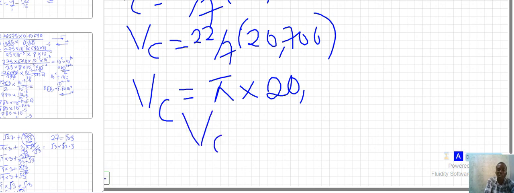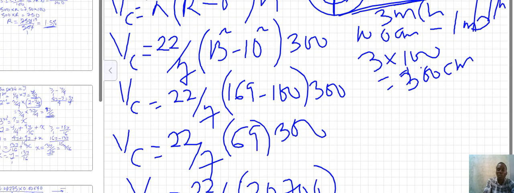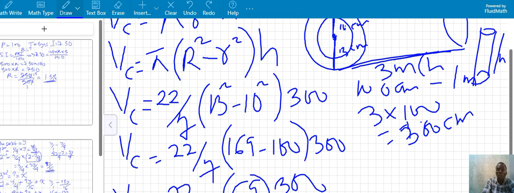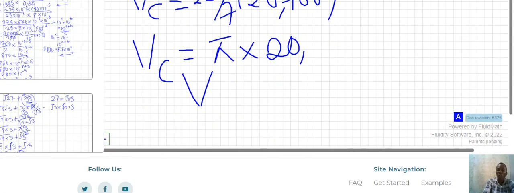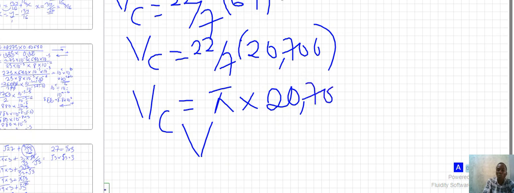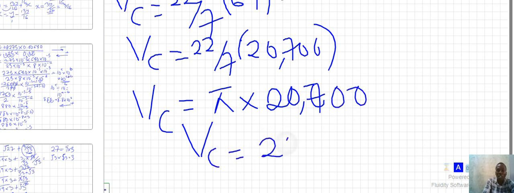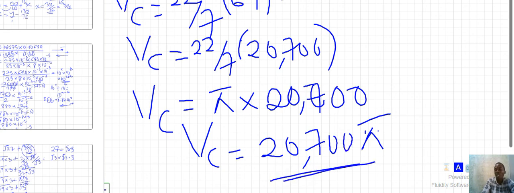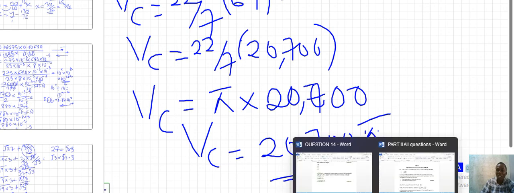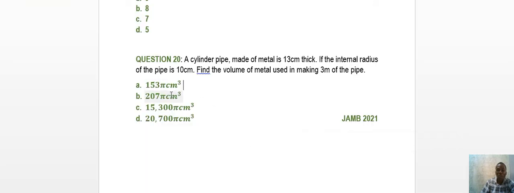So our V will now be equal to 20,700 pi. That will be the answer. Is the answer in the option? Sure it is, and that is Option D.